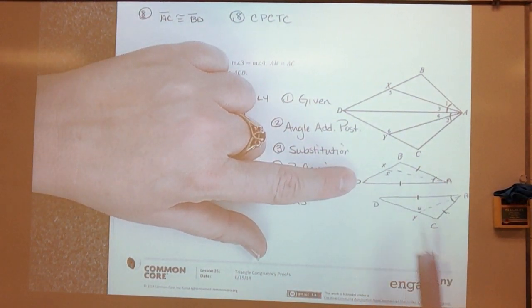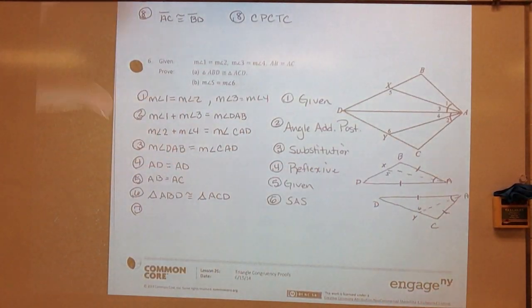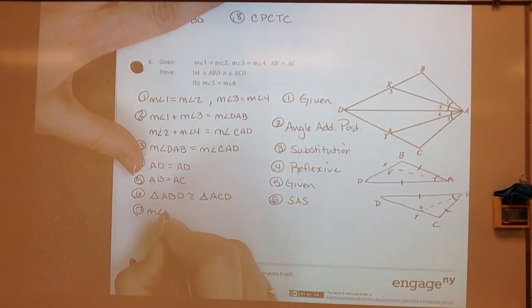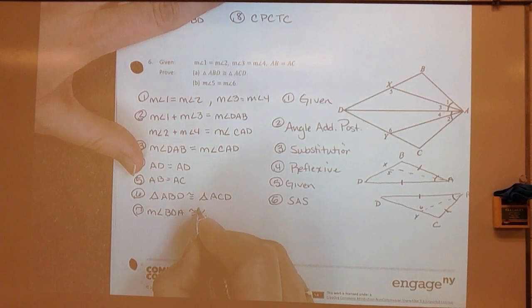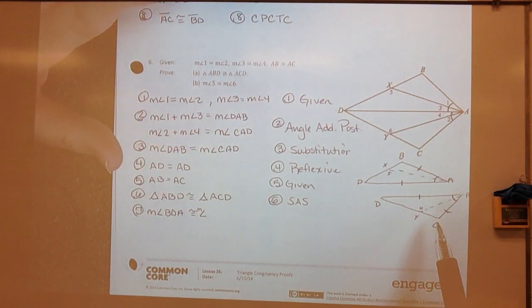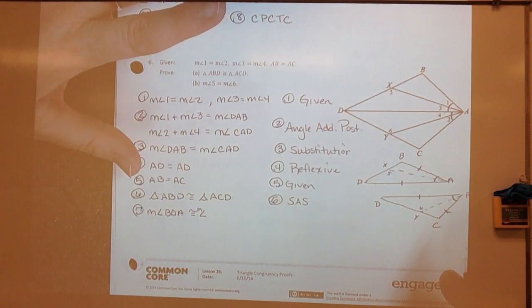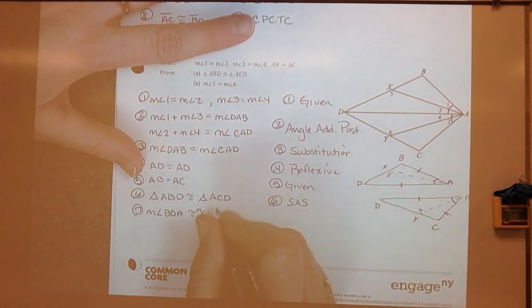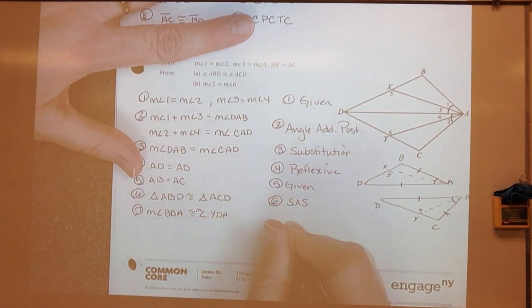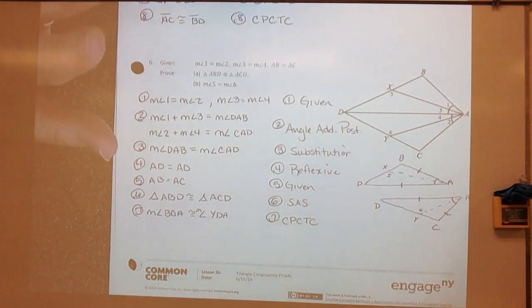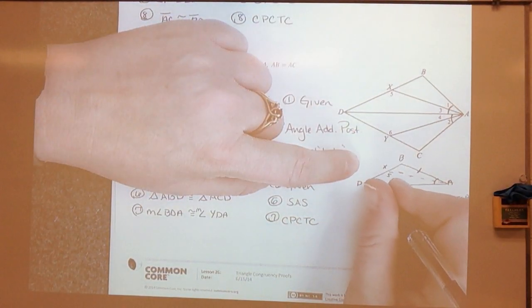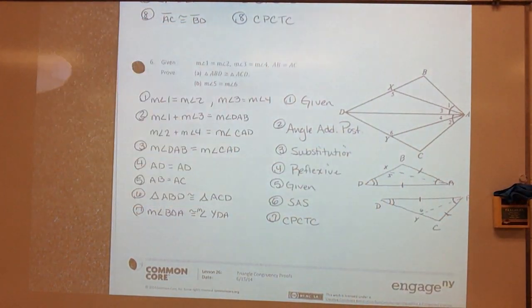The measure of angle BDA is congruent to the measure of angle YDA because of corresponding parts of congruent triangles. So now I know that these two angles are congruent.